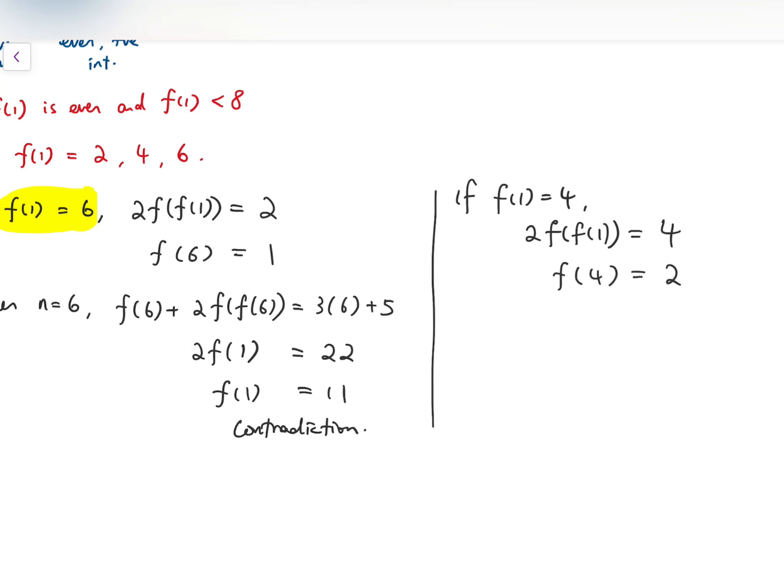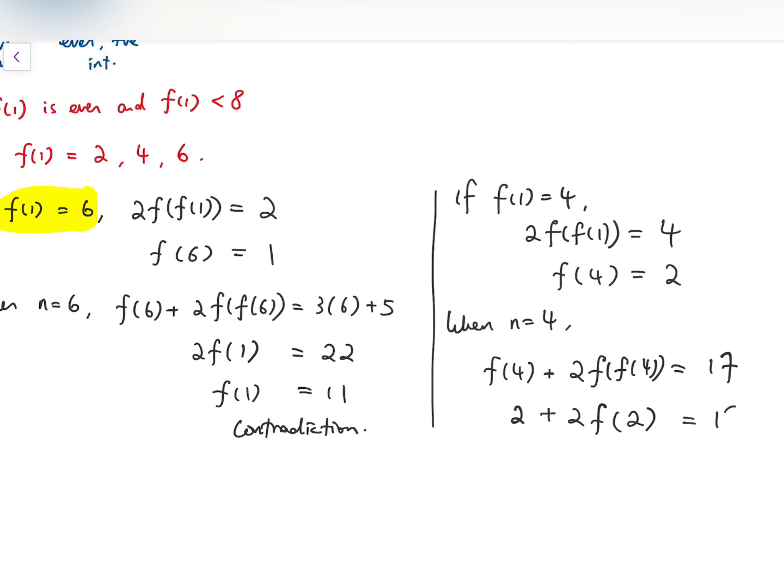Now putting into the given equation, when n equals 4, f of 4 plus 2 times f of 4 is 3 times 4 plus 5, so it's 17. Then 2 plus 2 times f of 2 equals 17.